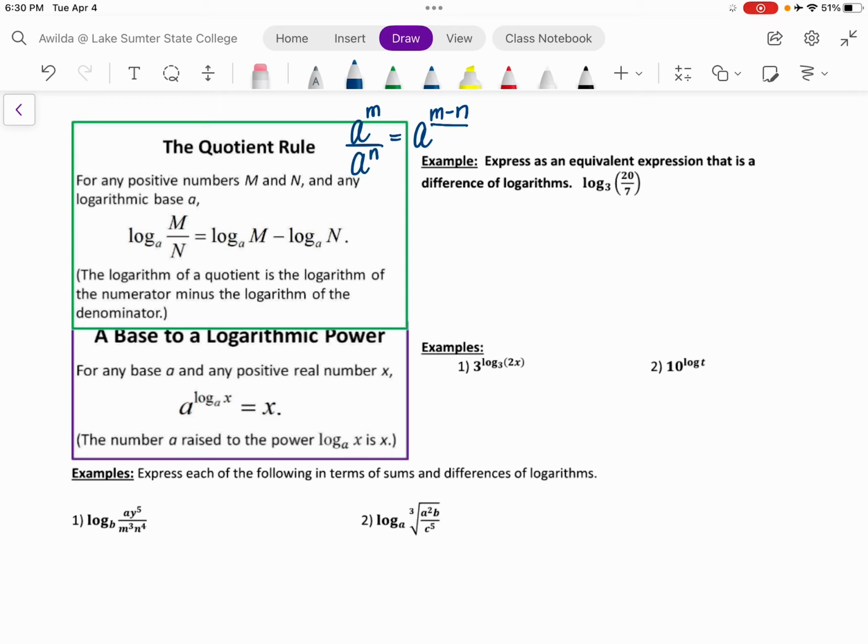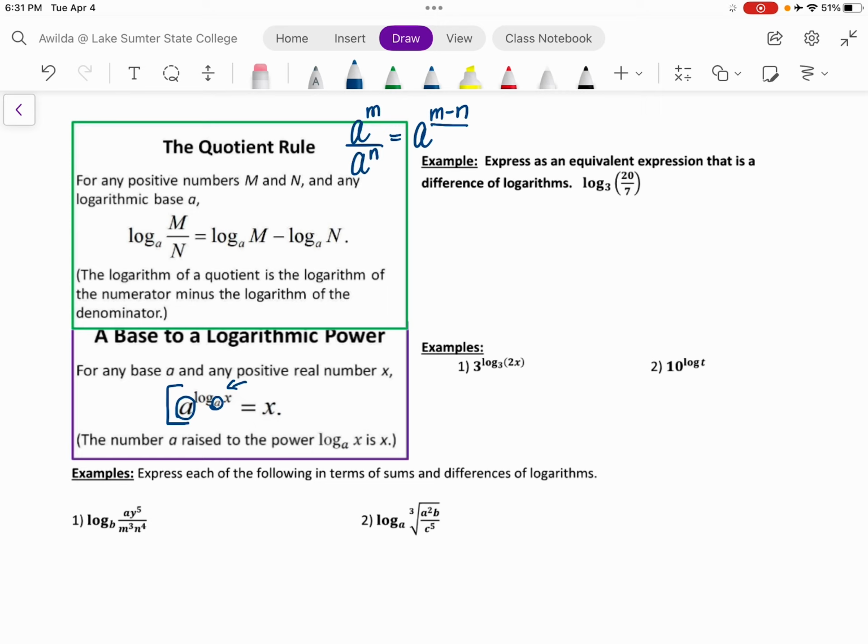What we see here is that we have two inverse operations at hand. First of all, we have a as a base being raised to an exponent written as logarithm base a of x. So this logarithm is asking the following question. What exponent must I place on a base of a in order to get the result x?